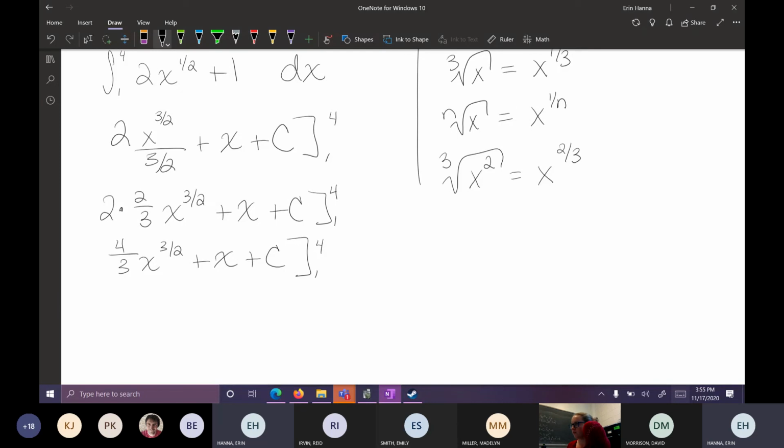I didn't choose my coefficient wisely. So we're going to plug in our top bound, subtract what we get when we plug in our bottom bound. So 4 to the 3/2 should actually end up being a semi-nice number. 8.